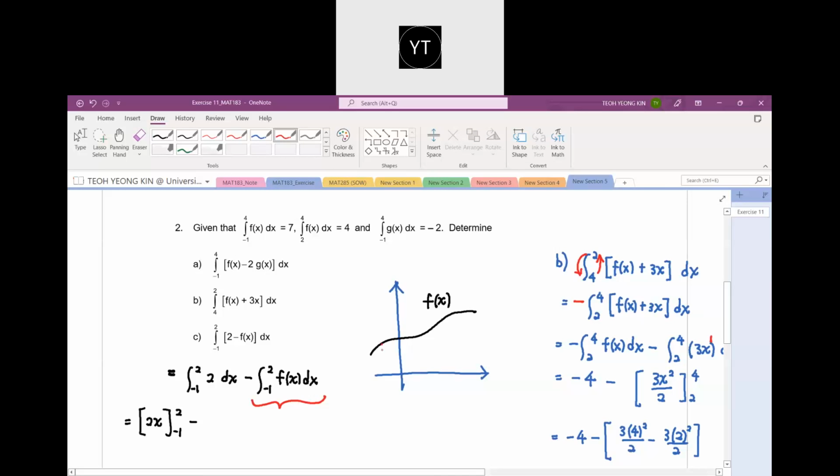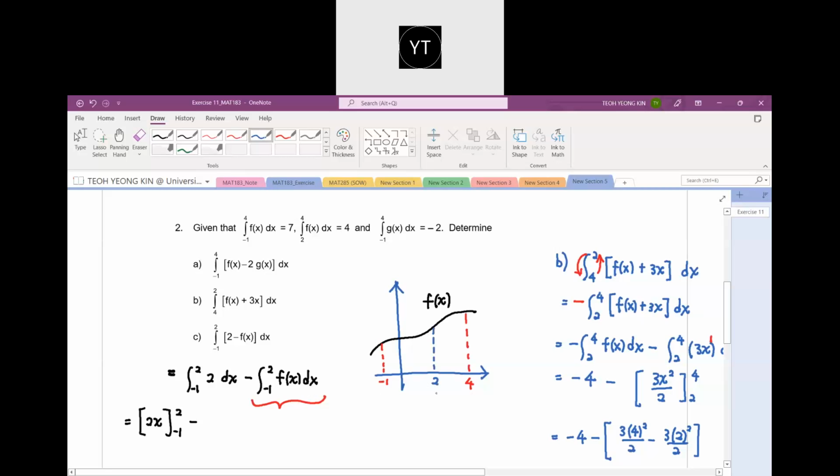Let's say here is negative 1 and here is 4. Second is integrate from 2 to 4. Let's say here is 2 to 4.